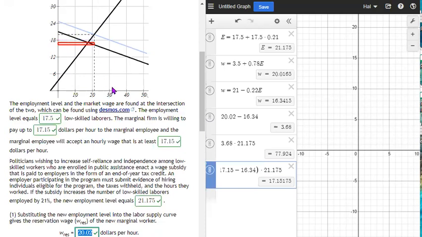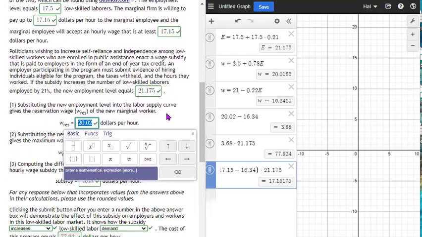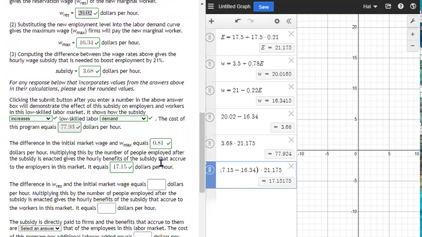So let's calculate the benefit that accrues to the workers. So the difference in the reservation wage, which is $20.02 in my model, right?